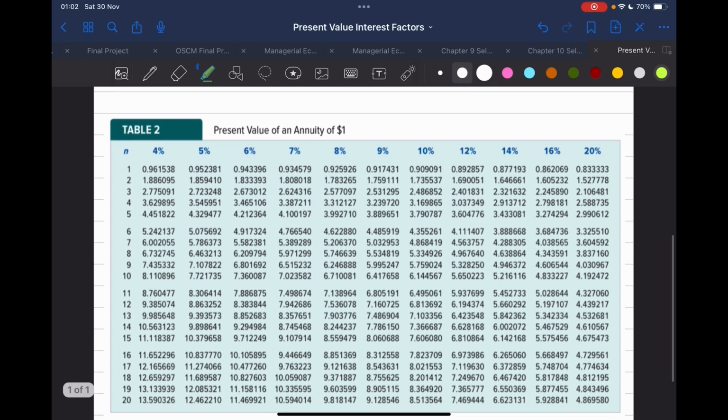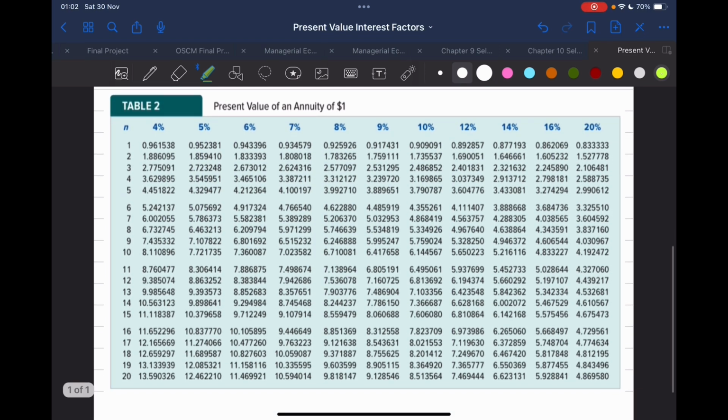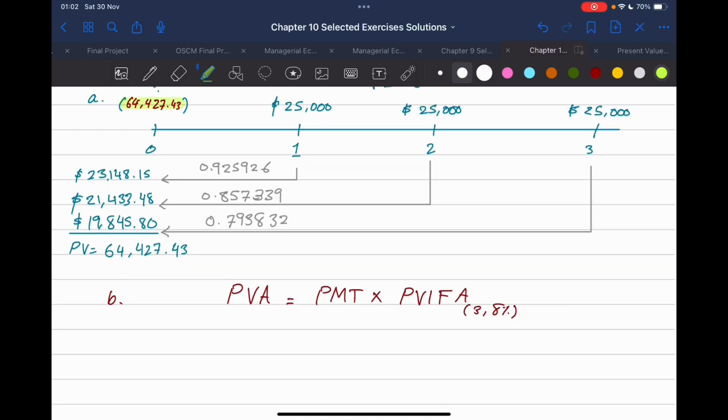We'll go to table 2, present value of an annuity, 3 years, and 8%. This is the interest factor. I'm going to copy it on my calculator so I don't forget: 2.577097. Okay, go back to our question and now substitute in the formula.